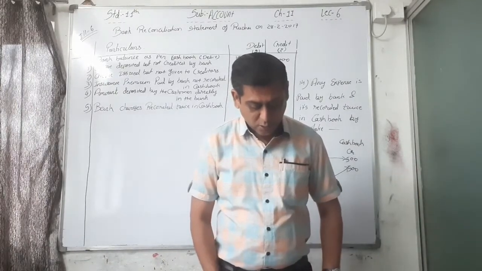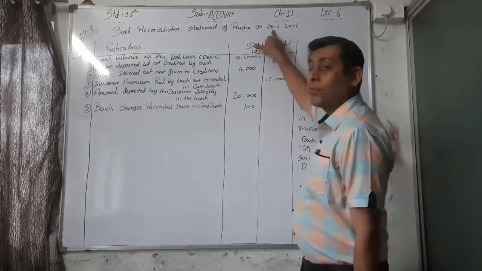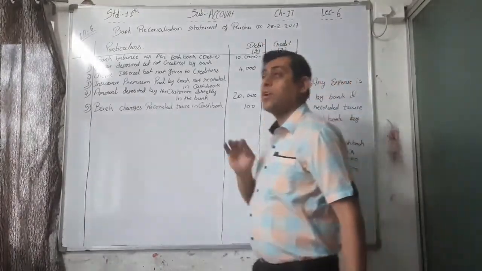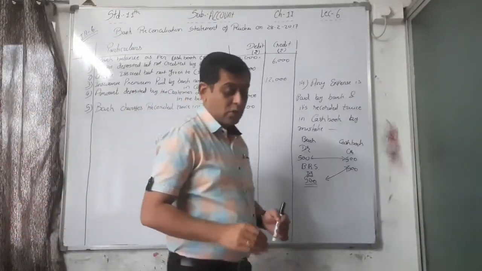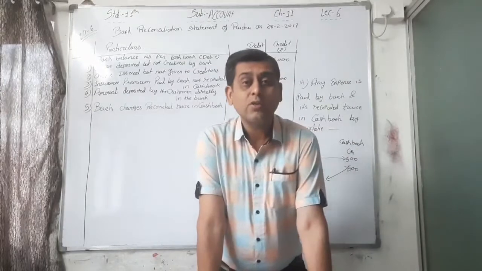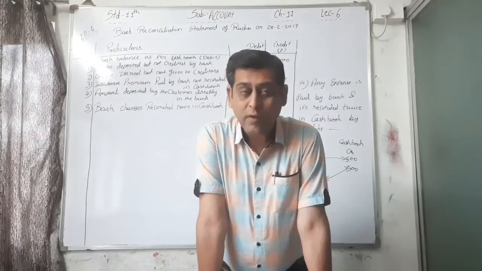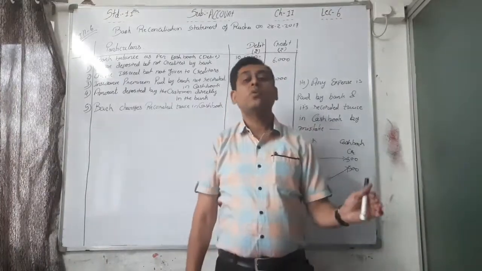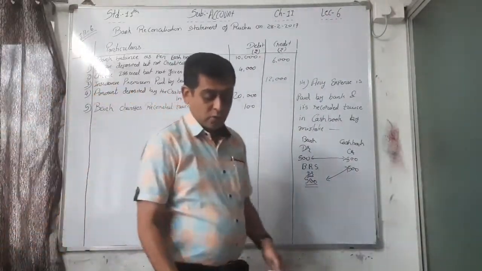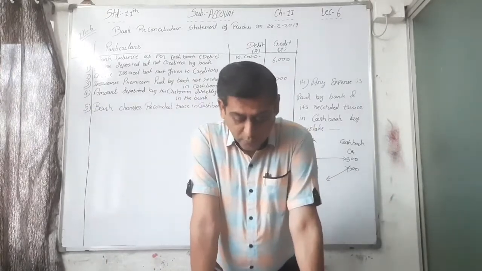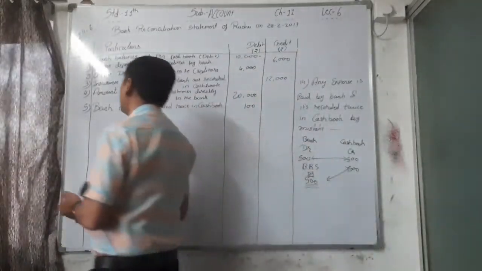The information is received by Rucha on 3rd March, after 28th February. We are doing the bank reconciliation statement on 28th February, but after this Rucha knows about these things. So dishonor is also not recorded in the cash book, only recorded by the bank. So here we have to do the reverse. The bank debits that amount in the passbook, that's why we have to credit it, nothing else.